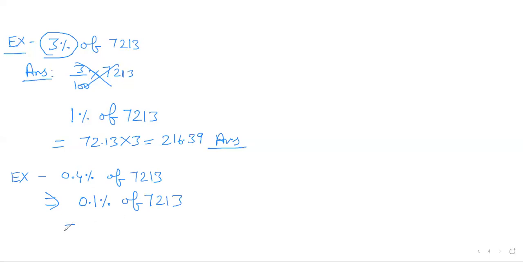What will be the answer? 7.213. But remember one more thing, that it is not 0.1%, it is 0.4%. And we have taken what? 0.1%. So we have to multiply with 4. Right? So what will be the answer?